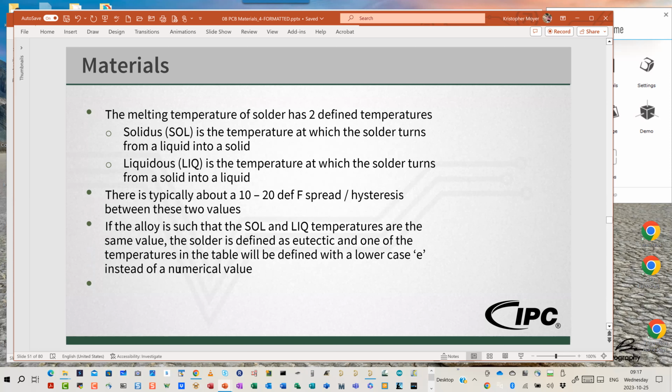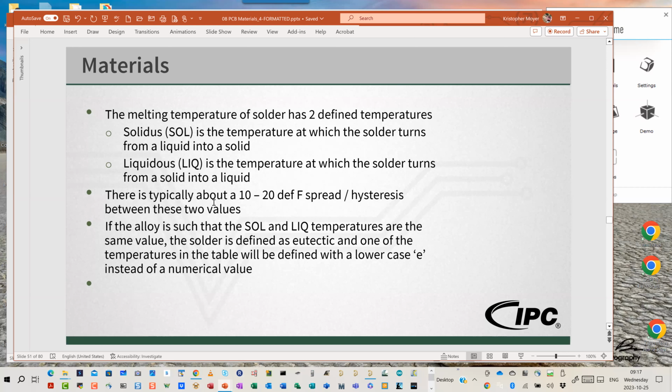The melting temperature of solder has two defined temperatures. Solidus, which is defined as SOL, is the temperature at which the solder turns from a liquid into a solid, and liquidus is the temperature at which the solder turns from a solid into a liquid. Basically, liquidus is the melting temperature and solidus is the hardening temperature.